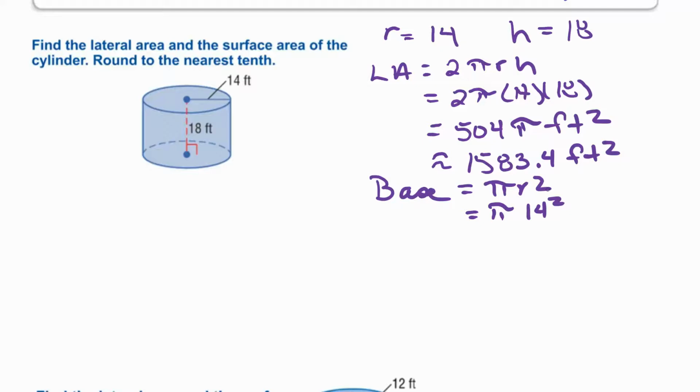And 14 squared is 196 pi. So to calculate the surface area, it's the lateral area plus 2 times the base.